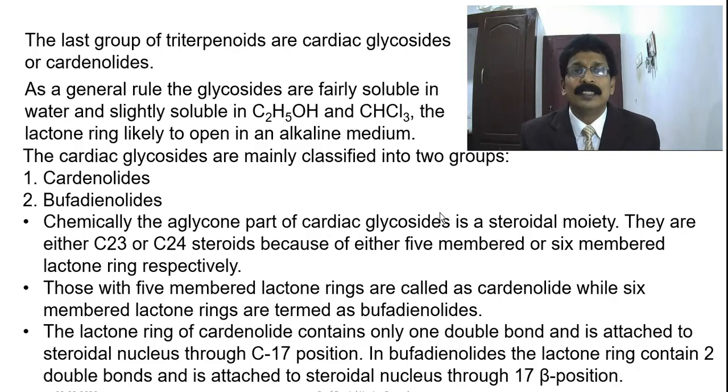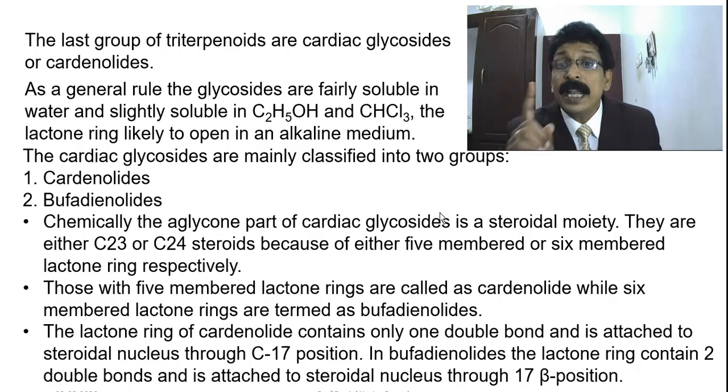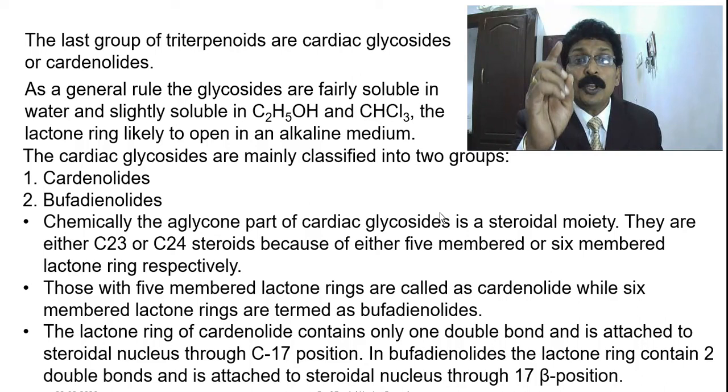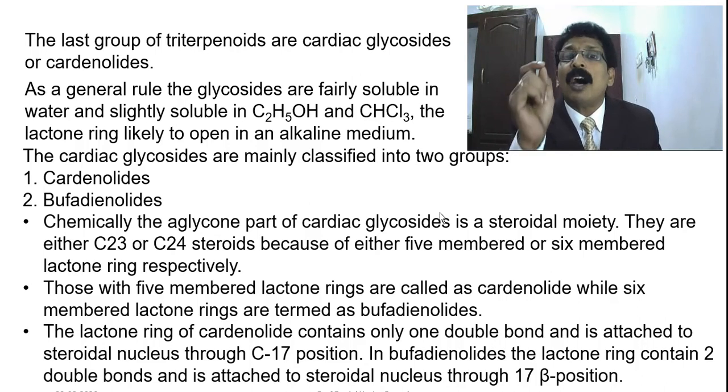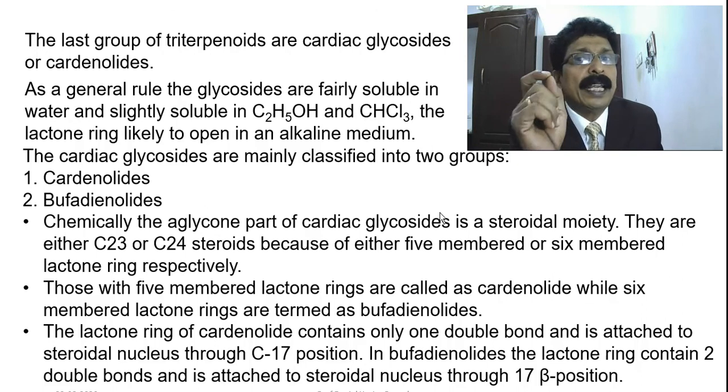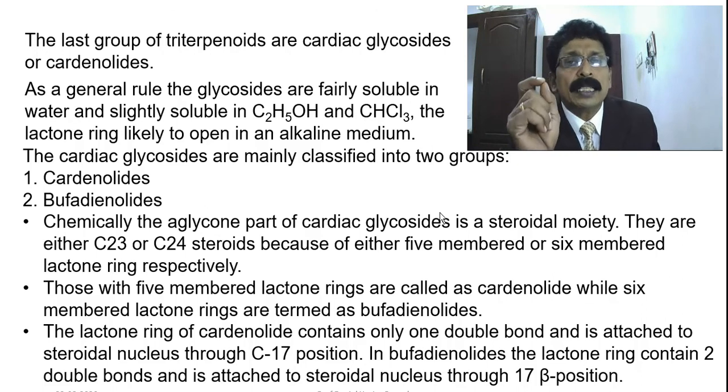Very simple. Understand? And the lactone ring of cardenolide contains only one double bond and is attached to the steroidal nucleus through carbon 17. That is why I told you, see that 17 number carbon atom which is present in the 5-membered ring structure, which is called cyclopentanone, attached with the phenanthrene ring structure in a steroidal moiety.